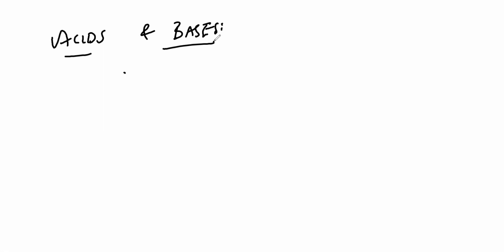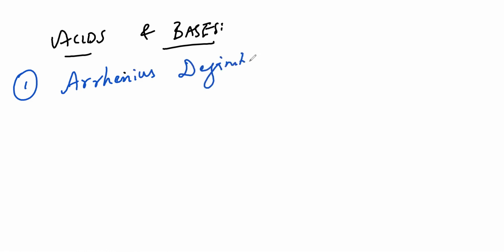Then something again for the entrance, because teachers in school may not give you this many things: acids and bases. Very important from the entrance point of view, whatever I'm telling now. The first one is the Arrhenius definition for acids and bases.